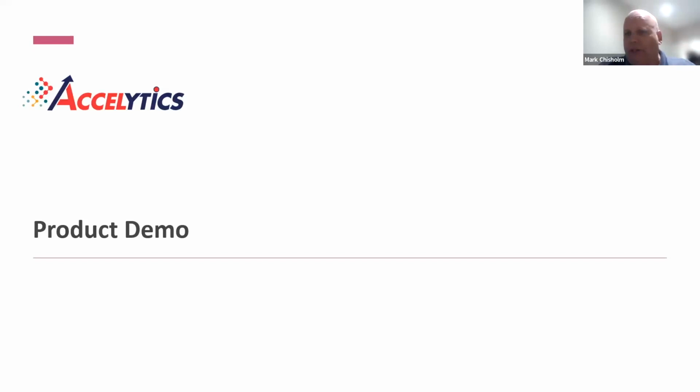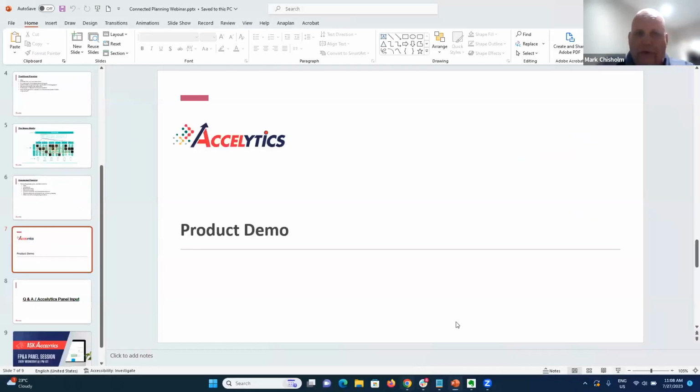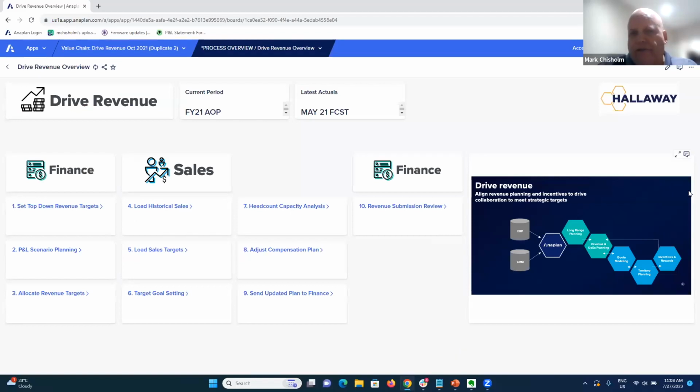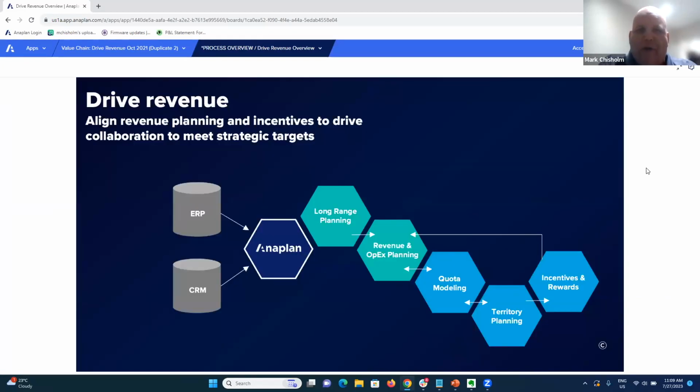So let's step into an example of this in terms of how it actually works. What I've got here is an example of a connected planning demo. And I'm just going to start by going through this honeycomb, which will illustrate for you the process that we're going to go through. In this example, we're going to bring together ERP information and CRM information into the Anaplan platform.